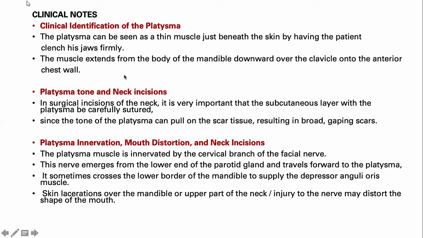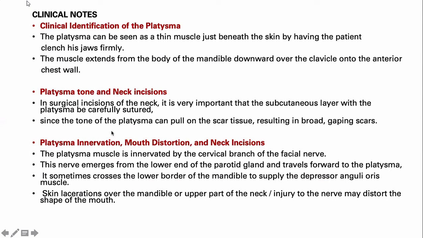In surgical incisions of the neck, it is very important that the subcutaneous layer with the platysma be carefully sutured, since the tone of the platysma can pull on the scar tissue, resulting in a broad and gaping scar. If you fail to repair the muscle, the scar would appear wider and gaping.